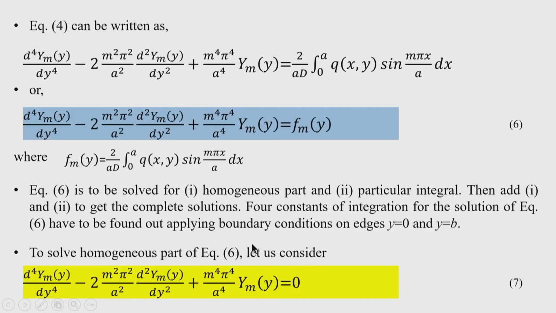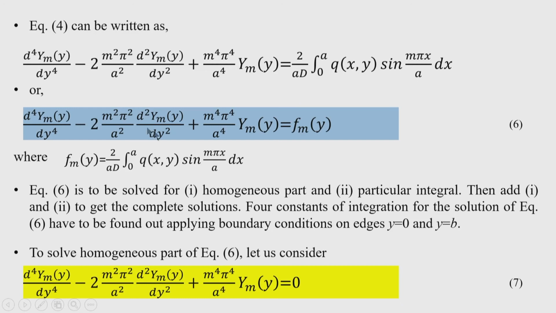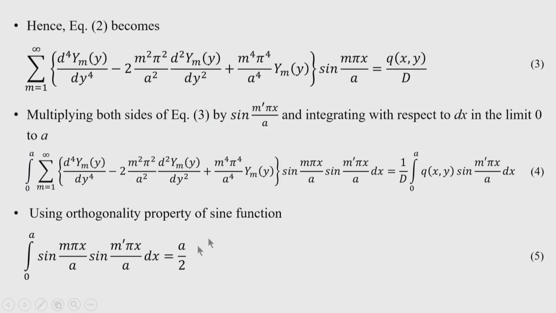So, equation 4 now can be written, because after integration only one term will remain and it will be a by 2. So, this is written like that, because a by 2 will now transfer to the right hand side. So, it will be 2 a divided by a D, and this term will remain as it is.